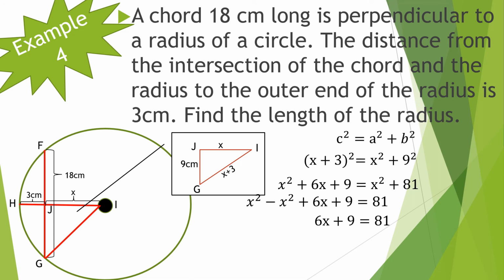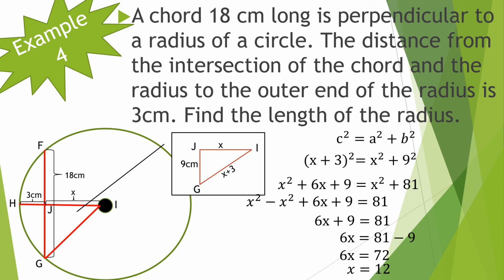Since our goal is to find X, we will transpose positive 9 to the other side of the equation. That is 81 minus 9, which is 72. So 6X equals 72. To find X, divide both sides by 6. 72 divided by 6 is 12.